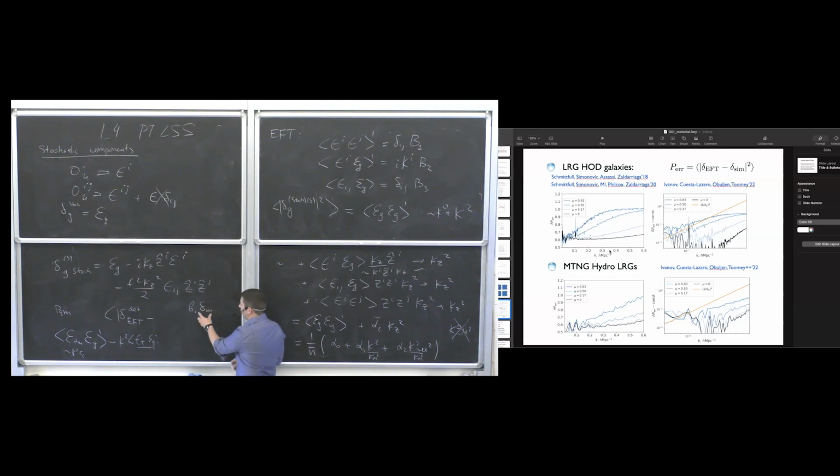Yeah, sure. You could include this, and then, since it produces a k squared, the only thing this correlator will do is lead to an unobservable renormalization of the alpha 1. Yes, exactly. So you could include this, but it will not do anything. So it will be totally degenerate.